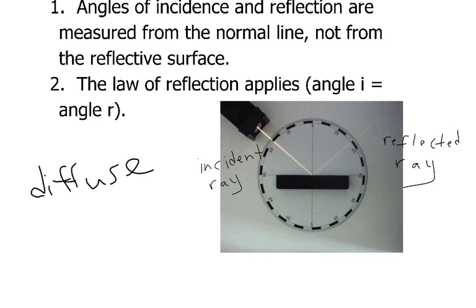Now it's important to notice when we measure these angles, and we're going to see this in more detail again in a minute, we do not measure from the surface that it reflects off of. We measure from the normal line, which is 90 degrees to the surface.